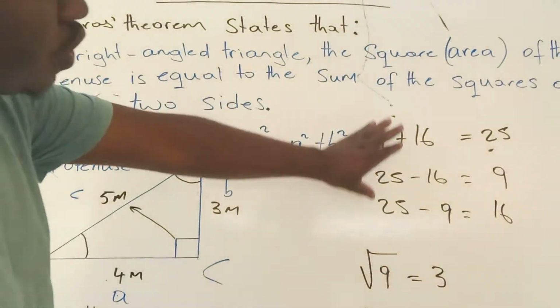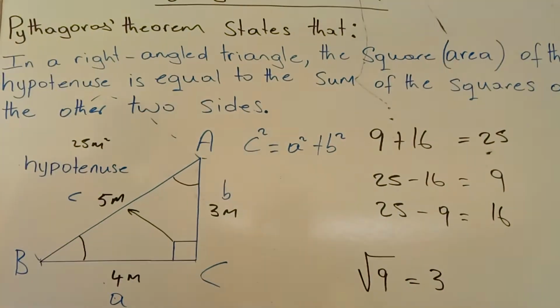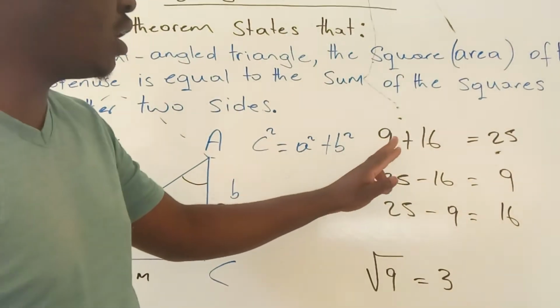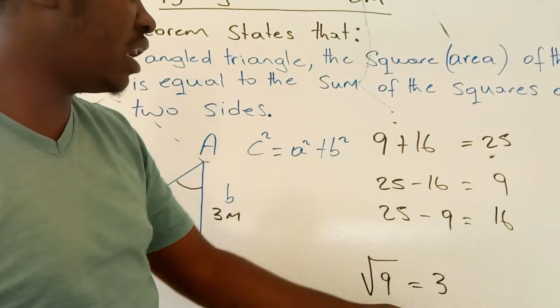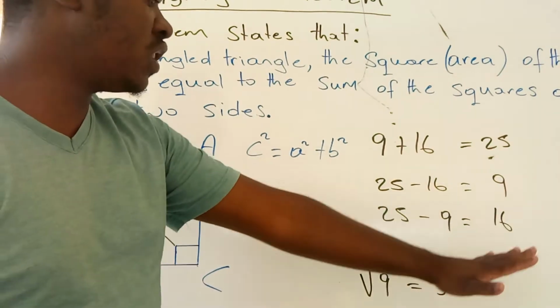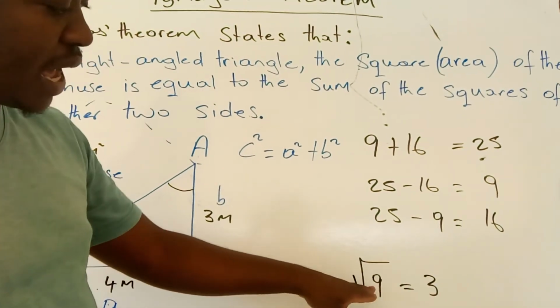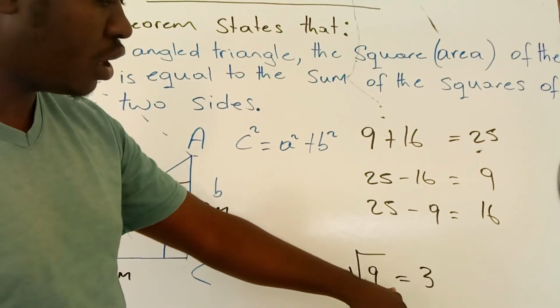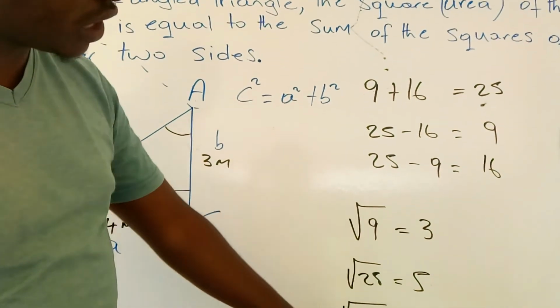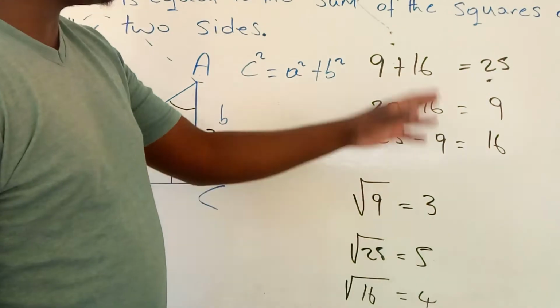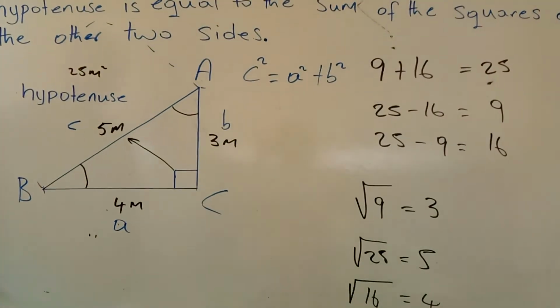And these numbers over here clearly show that, because you notice 9 plus 16 gives us 25, 25 minus 16 gives us 9, 25 minus 9 gives us 16. Root 9 is equal to 3, root 25 is equal to 5, root 16 is equal to 4. And you need all of these skills.